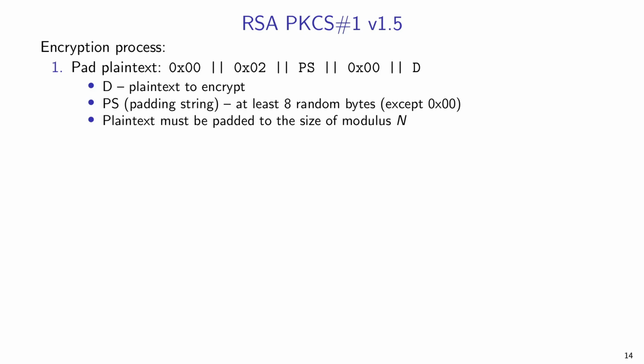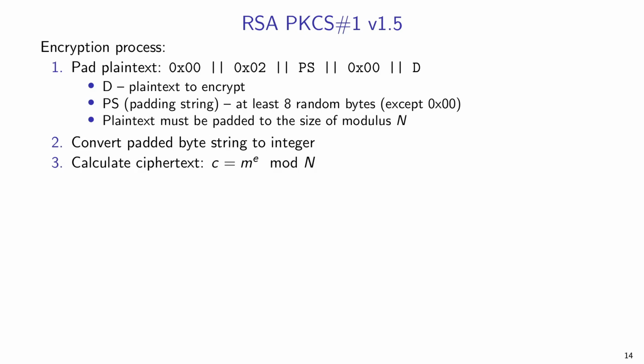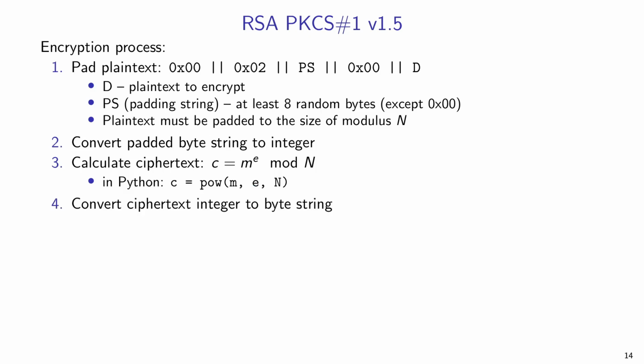Alright, after the plaintext has been padded, we have to convert the padded byte string to an integer. Then we calculate the ciphertext using Python's pow function and the public exponent e. Finally, we convert the ciphertext integer back to a byte string and write it to a file.